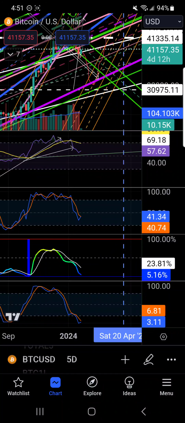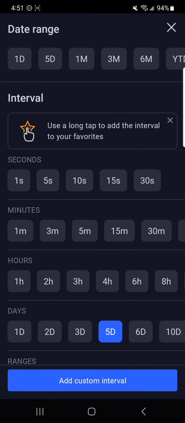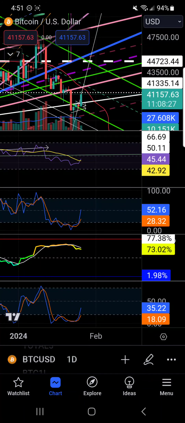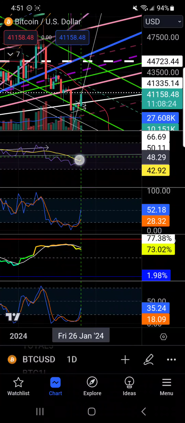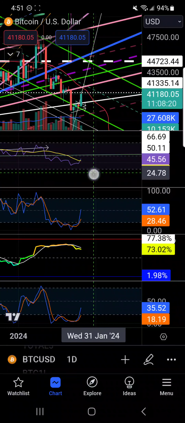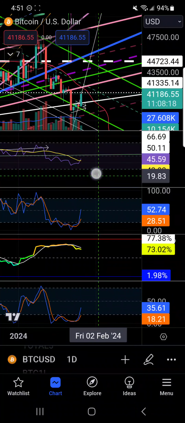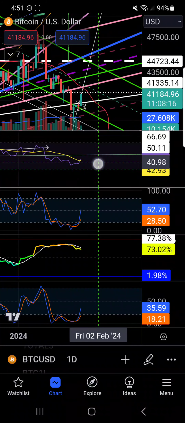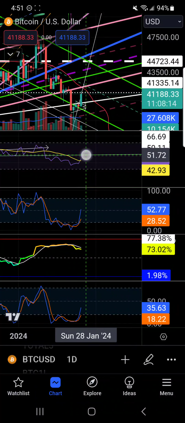Let's switch to the 1 day. You have the RSI down here at a low in the oversold area, and it's crossing up through the moving average right there.